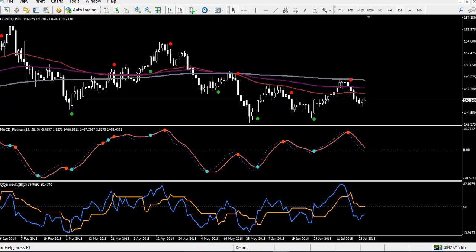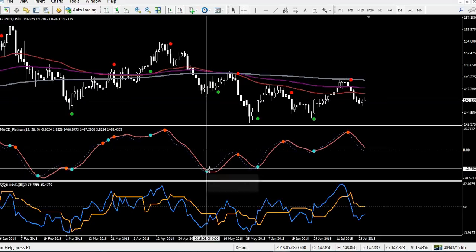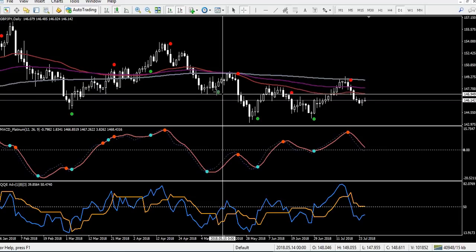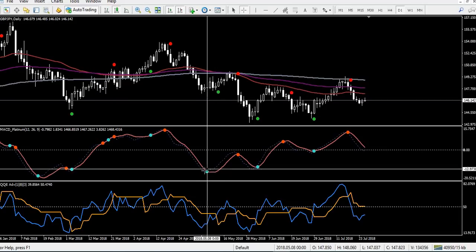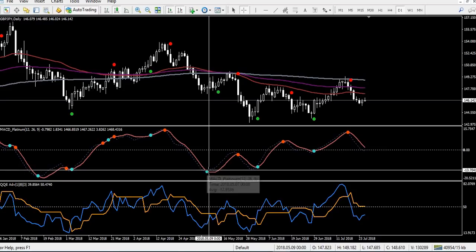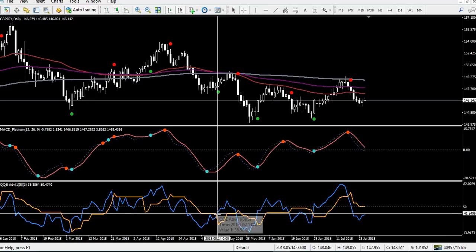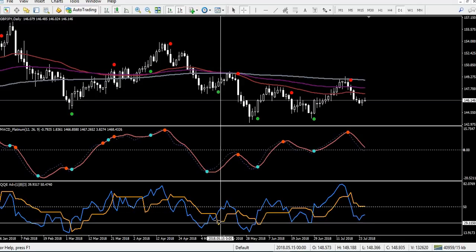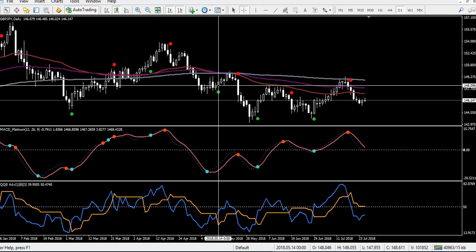So we'll go back to the chart. So this here is the QMP filter. All it is, is a combination of, so we'll look at this one here, green dot on the QMP filter. It's a combination of a blue dot on the MACD Platinum. So there's a blue dot there, and when that's confirmed by a cross on the QQE Advanced, see there's a confirmed cross here, that presents that green dot.